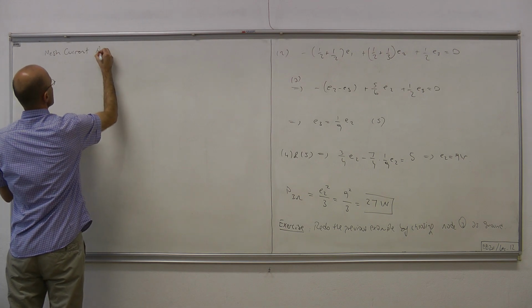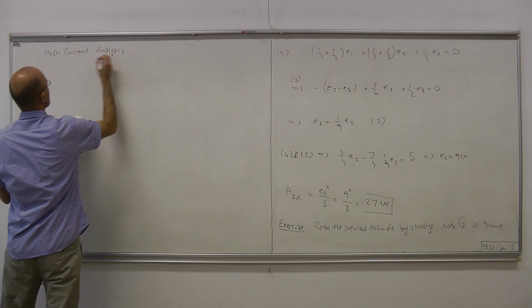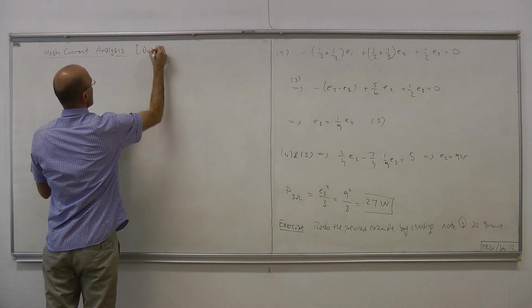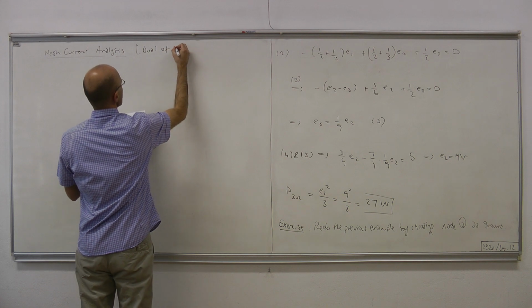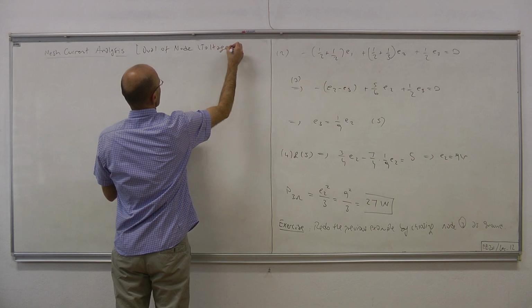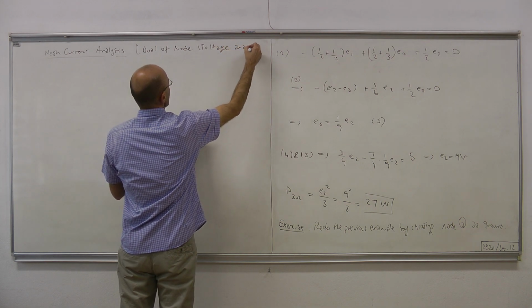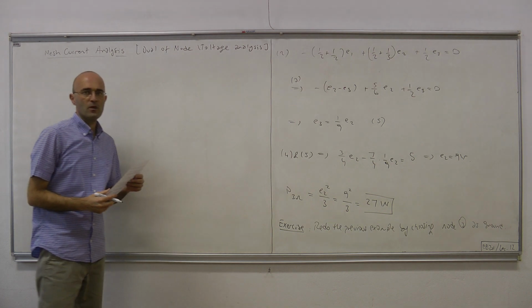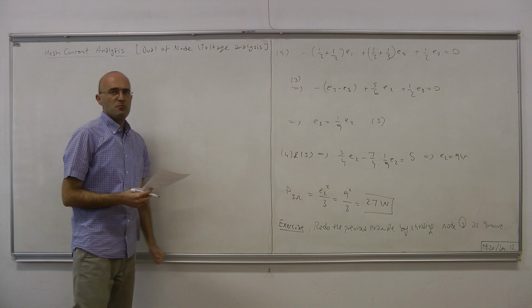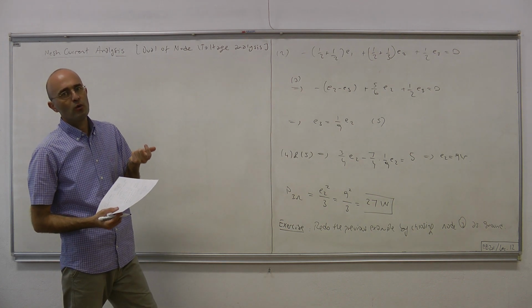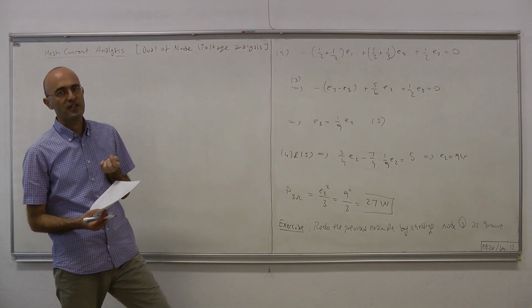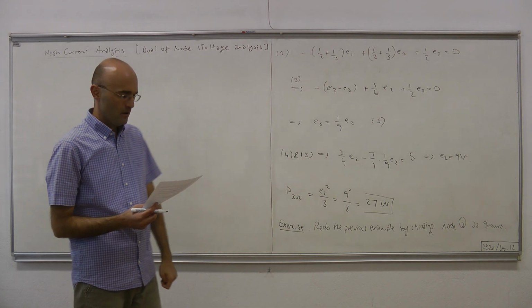Mesh current analysis. It's the dual of node voltage analysis. Now, the idea in the node voltage analysis method was formulating a circuit in terms of node voltages using KCL. Here the idea is to formulate a circuit in terms of mesh currents using KVL.